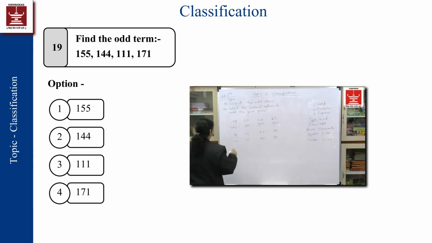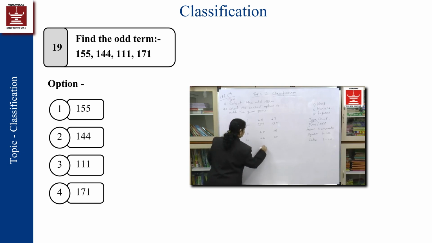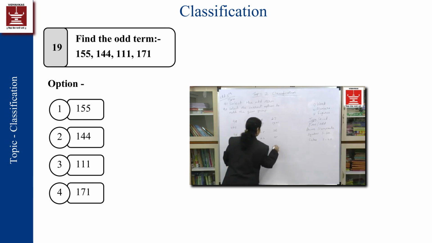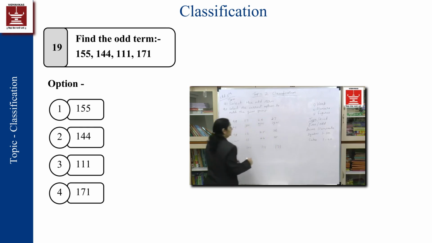A very simple one. It's 55 or say 155, 144, 111, all are divisible by 11, and 171. Now 155, 144, 111 and 171.